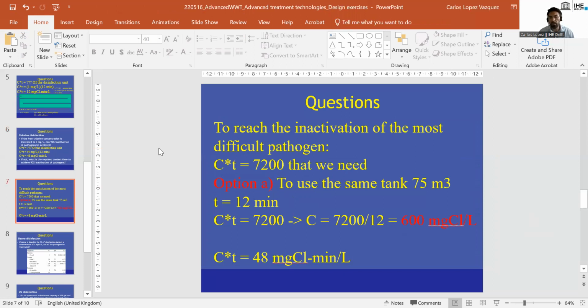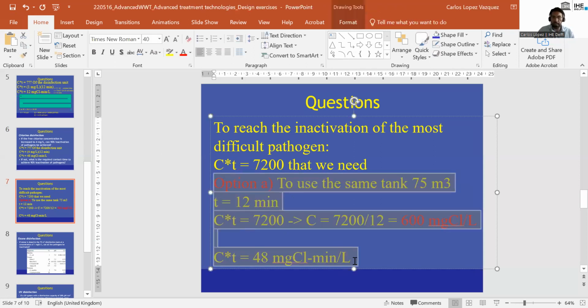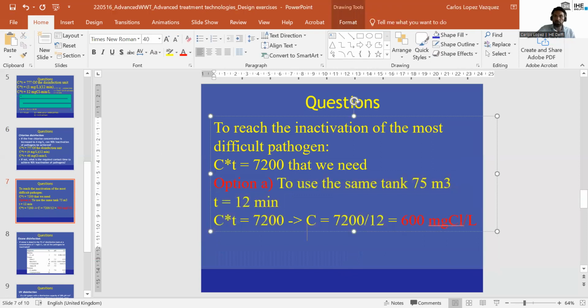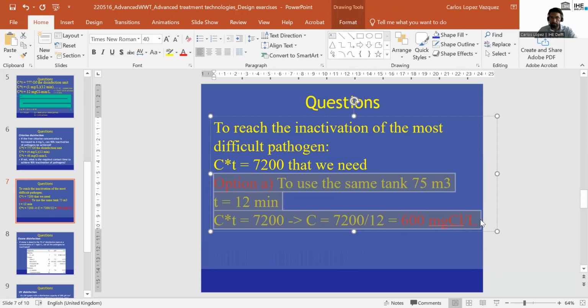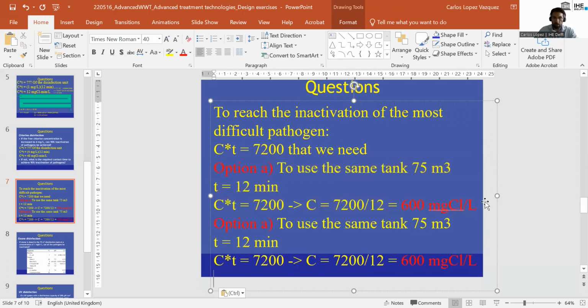be applied. So the option B is to make a larger tank, or to check what is the contact time that we need. So we try option B: calculate the required contact time, extend it by increasing the size of my tank.